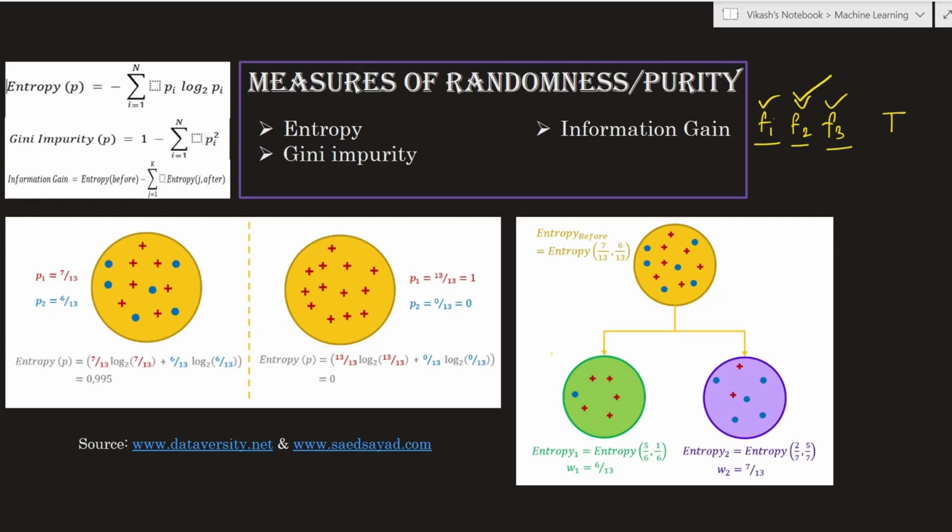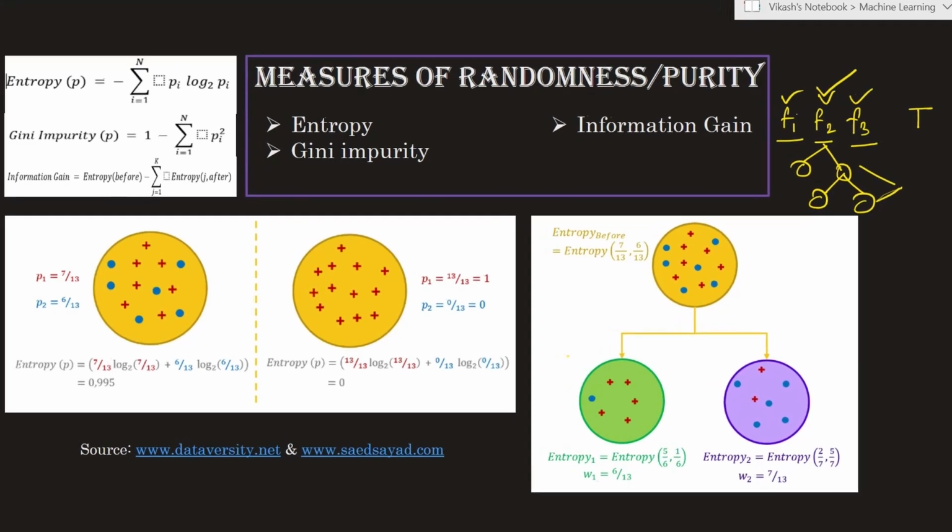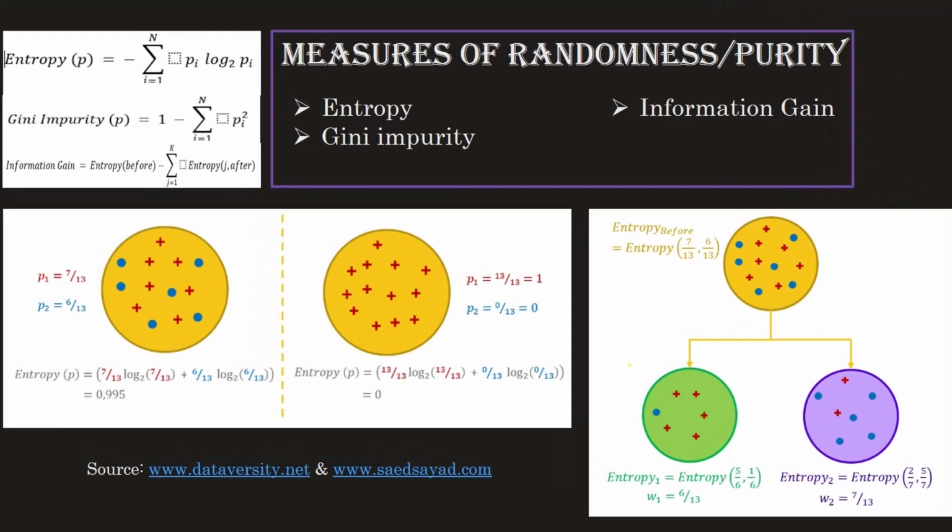In that case, this particular feature will be split first. Then again, it will check the entropy with other features over here. And the feature with the lowest entropy value will again be split further like this. And the difference in purity between the parent node and leaf node is actually called the information gain. So we have answered one of the questions: how do we decide which feature should be split first.